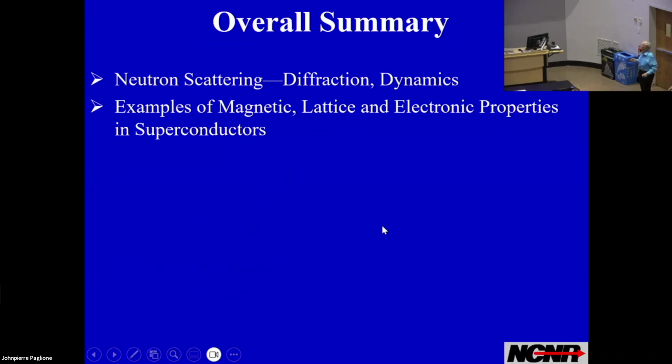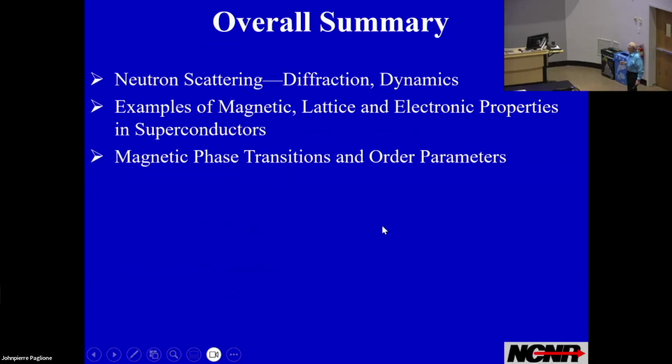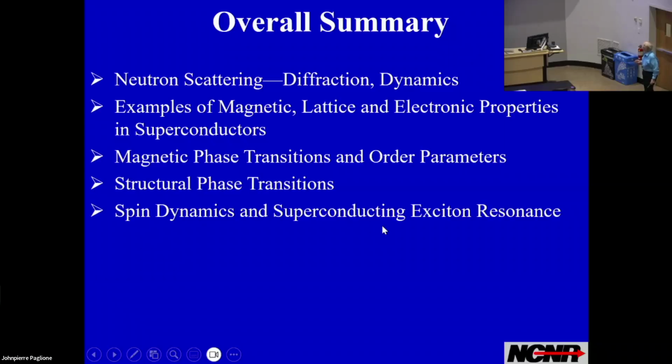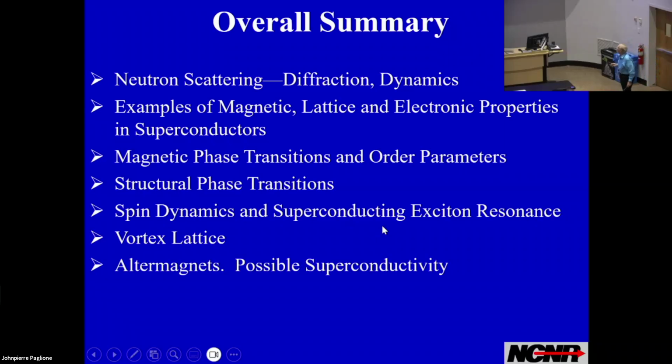I tried to give you some examples of magnetic and electronic and lattice experiments for superconductors, magnetic phase transitions and order parameters, structural phase transitions, the exciton resonance in unconventional superconductors, vortex lattice, that's a really nice one, and altermagnets with possible superconductivity.